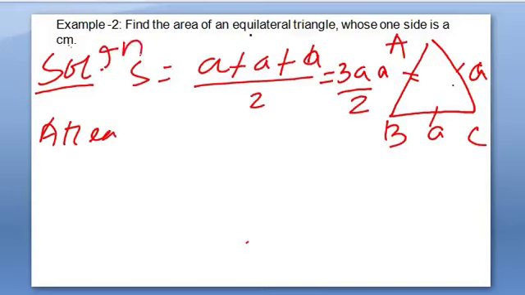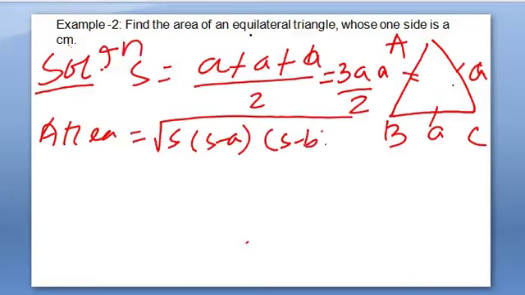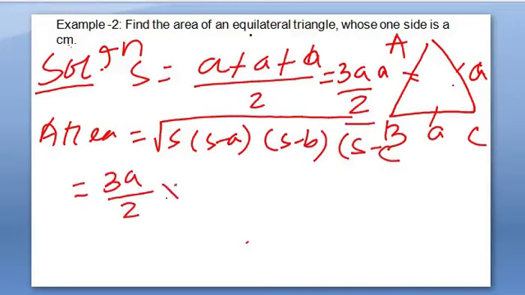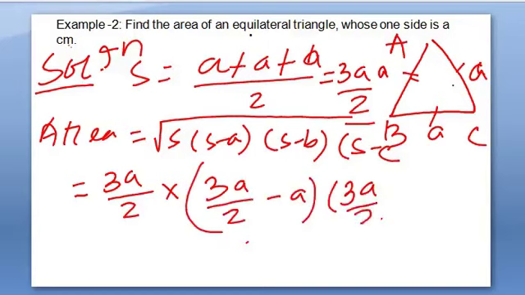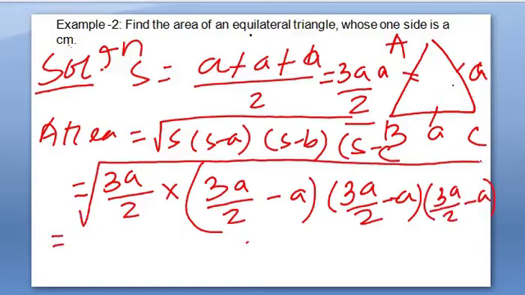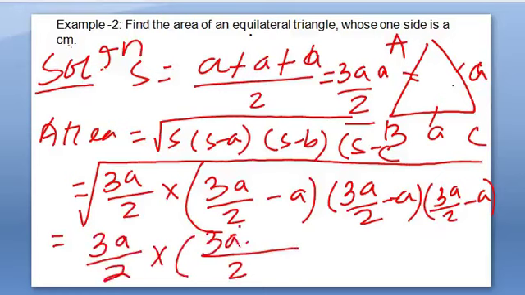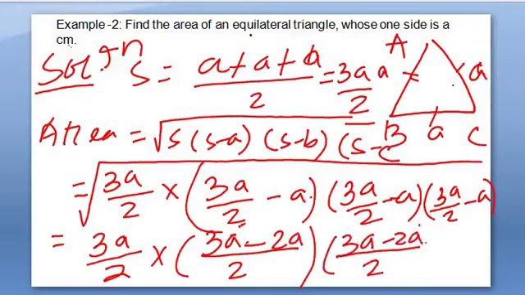Area equals root over of S into S minus a into S minus b into S minus c, equals 3a by 2 into 3a by 2 minus a into 3a by 2 minus a into 3a by 2 minus a, whole root over, equals 3a by 2 into, LCM is 2, 3a minus 2a over 2, into 3a minus 2a over 2.